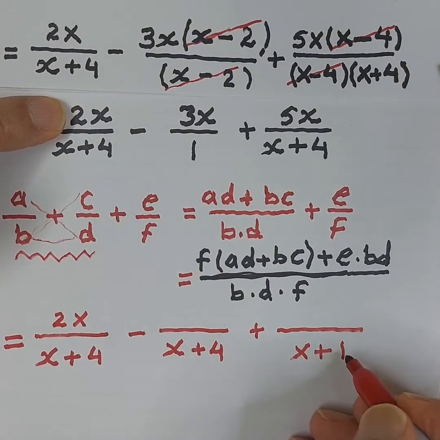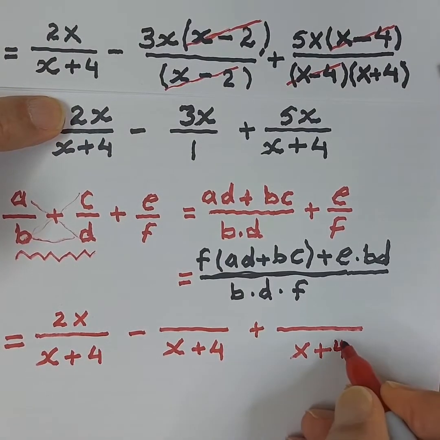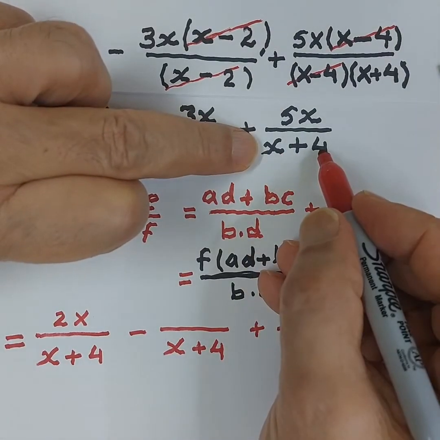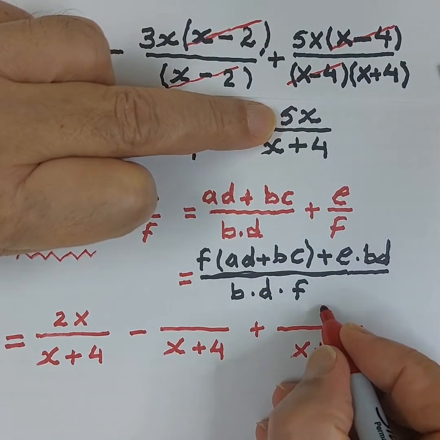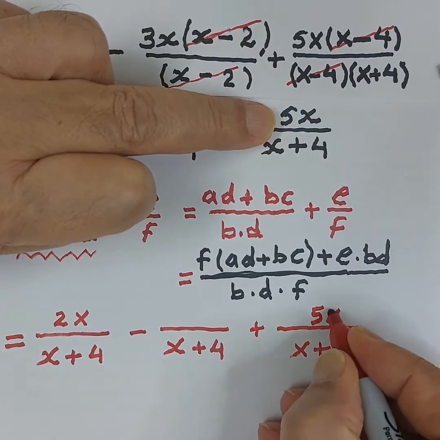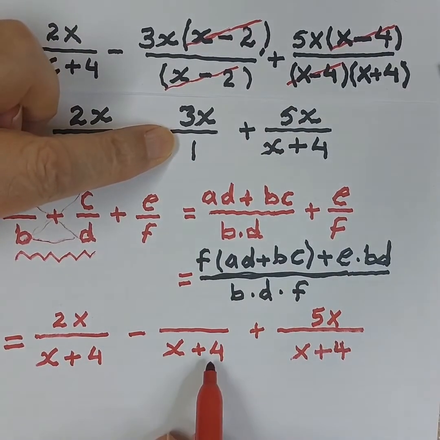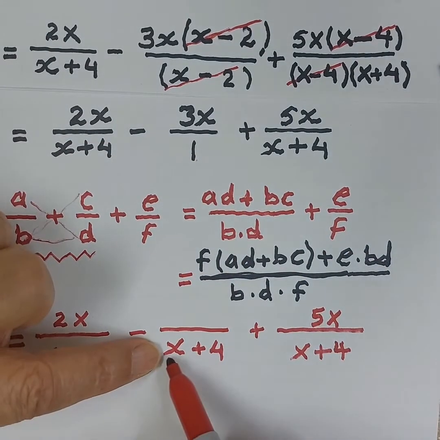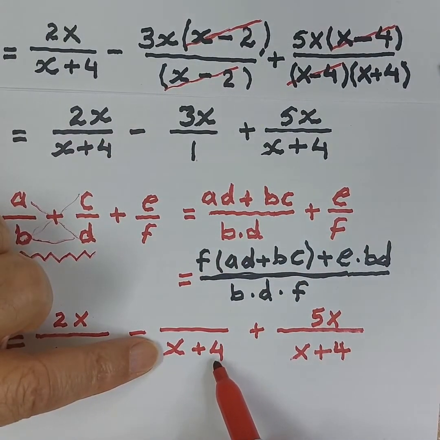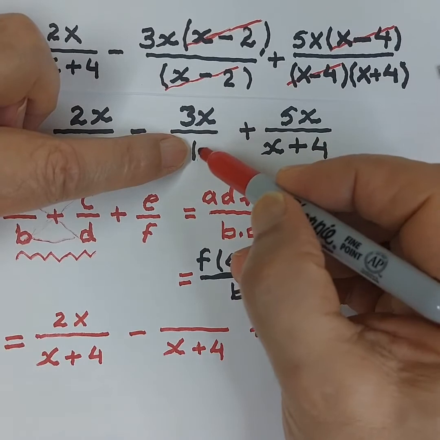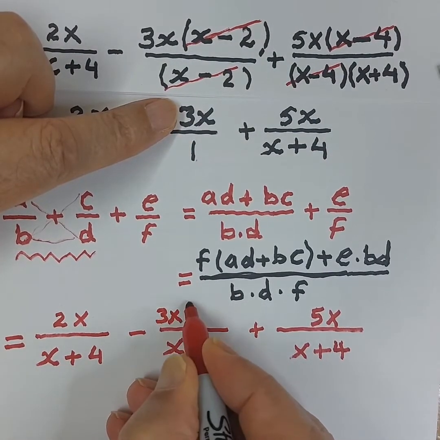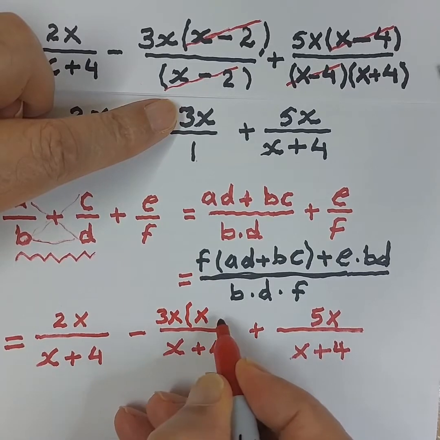And the last one, x plus 4, it's the same x plus 4, so this will be written the same. The middle one has been changed. It was 1, now it became x plus 4. As we multiplied this by x plus 4, 3x will be multiplied by x plus 4.